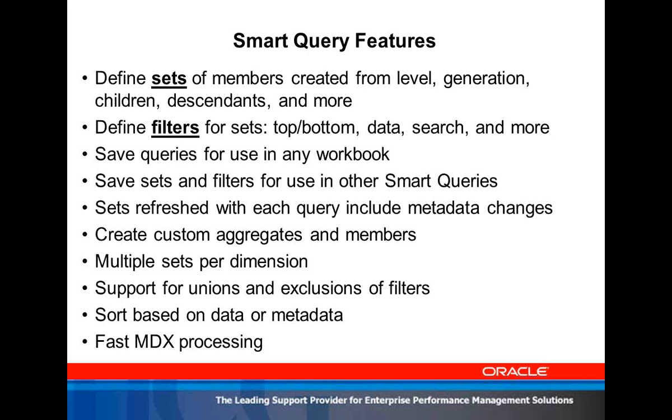And so you can create a filter on the set that created those 50 members and say, I want the top 10 based on some member in a dimension, presumably in your columns area. I'll show you examples of that. Top and bottom is an easy filter to explain verbally and hopefully visualize in your mind. But there are other filters also. Filters on data, filters on searching for text, and even more than that.